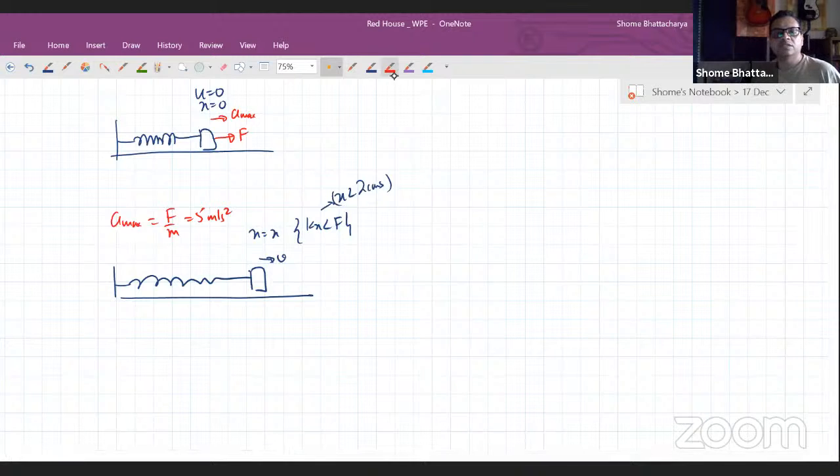So at that point of time, what is happening? The external force is greater than the spring force. So what is happening? The acceleration is in this direction. So for x less than F by k, the speed is increasing.